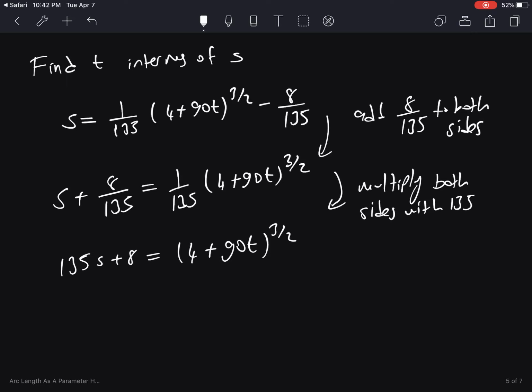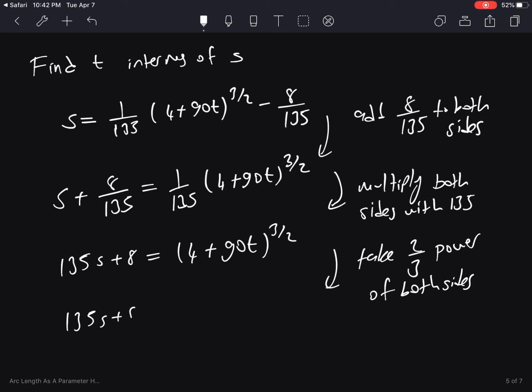Okay, so I want to get rid of this 3 over 2 power, then that means I should take the 2 over 3 power of both sides. So this is going to be 135s plus 8 to the 2 over 3, and that's going to be 4 plus 90t.